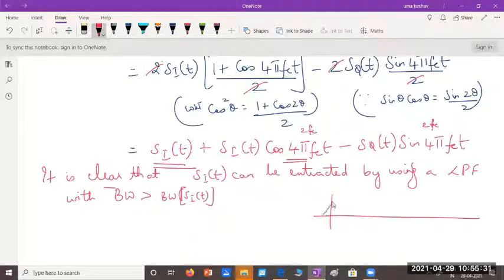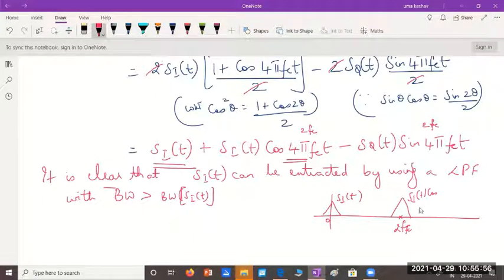This S_I of t will be situated here, surrounding 0, because there is no carrier. Whereas this signal will be located at 2fc. S_I of t cos 4 pi fct means this signal gets shifted to the point 2fc.